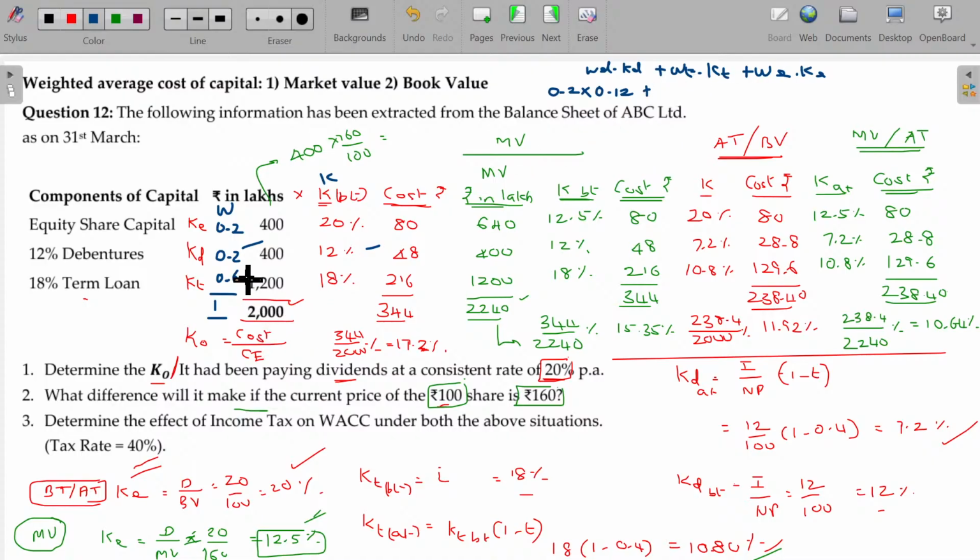Weight of term loan is 0.6, cost of term loan is 0.18, weight of equity is 0.2, cost of equity is 0.2. Come on, get me the value. 0.173.